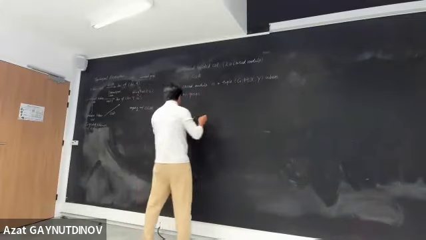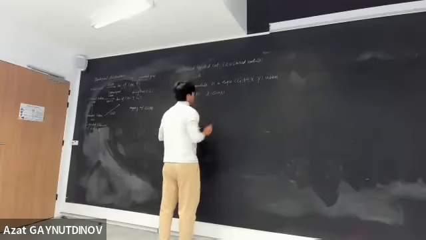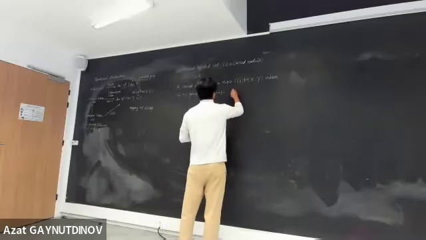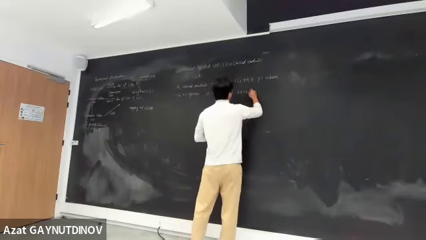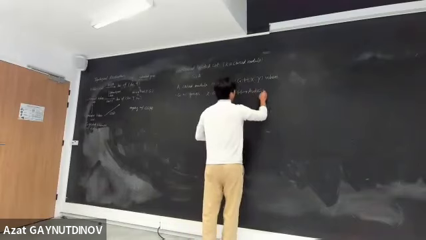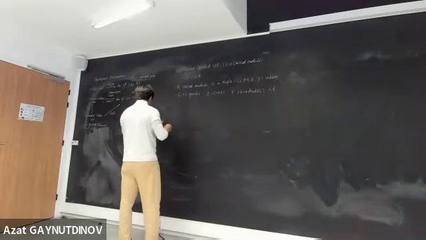not necessarily abelian, and we have a group homomorphism pi from G to H, and we have an H action on G, such that the following two conditions hold.